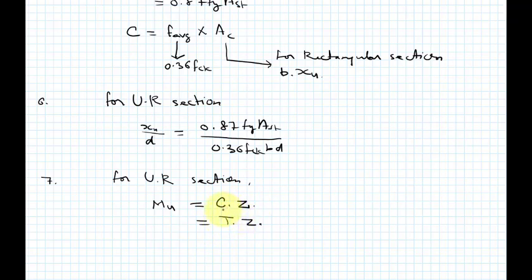C is the compressive force, the resultant compressive force in concrete. T is the tensile force at the centroid of the reinforcement. Here Z is the lever arm, the effective depth D minus 0.42 times the neutral axis depth.